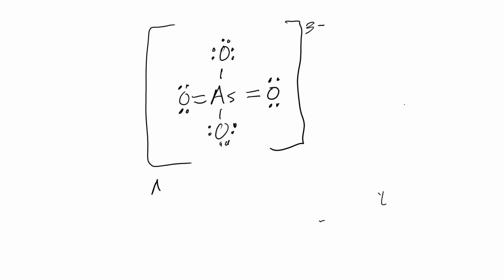And so for arsenic, now we have 5 minus 0 minus 1/2 times 12. So now we have a minus 1 on that least electronegative atom, which isn't good.